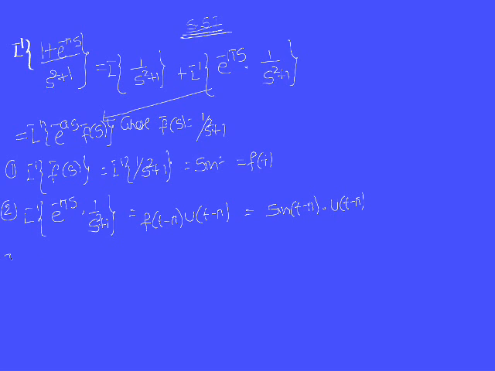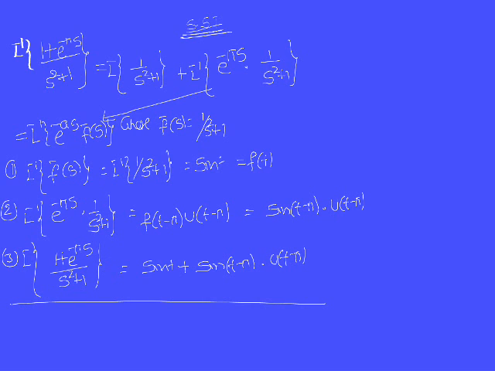Third step: L inverse of (1 plus e power minus pi s) by (s square plus 1) is equal to sin t plus sin of t minus pi into u of t minus pi. This is the answer.